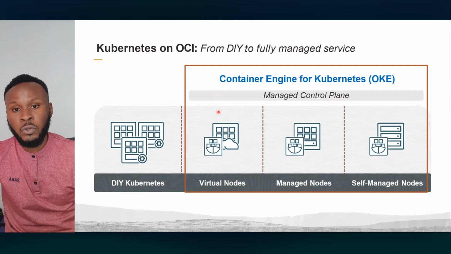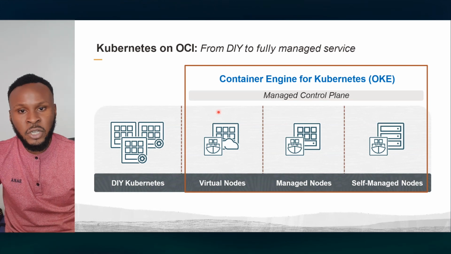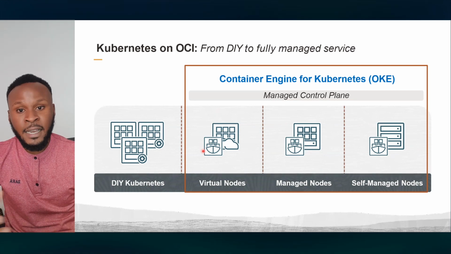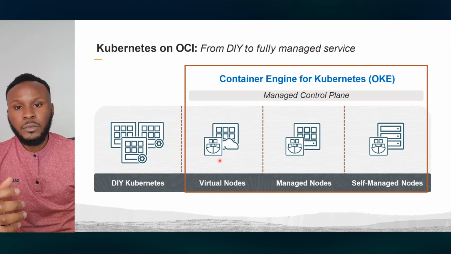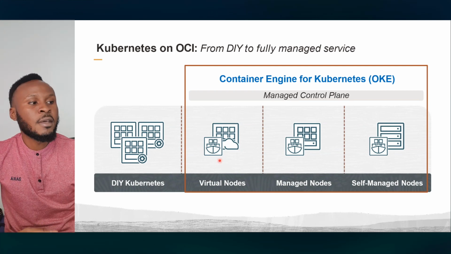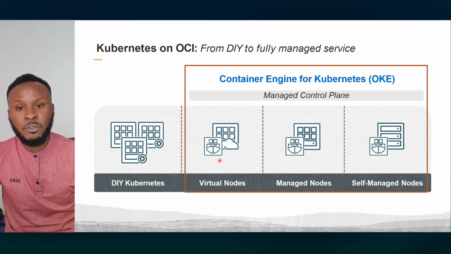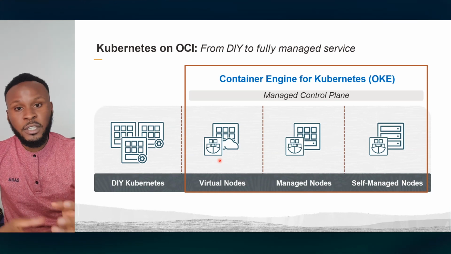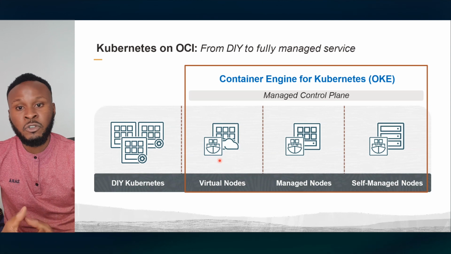So you have the virtual nodes. This is a completely serverless architecture. You don't get direct access to the actual compute resources that are running the worker nodes, similar to the managed control plane. You only get to manage your service and your application that you deploy within the Kubernetes service.